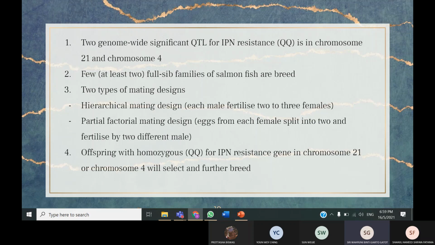For the first one, each male fertilizes 2 to 3 females, and for the partial factorial mating design, eggs from each female are split into 2 and fertilized by 2 different males. The offspring with the homozygous dominant QTL for the IPN resistance gene on chromosome 21 or chromosome 4 will be selected and further bred. Next.